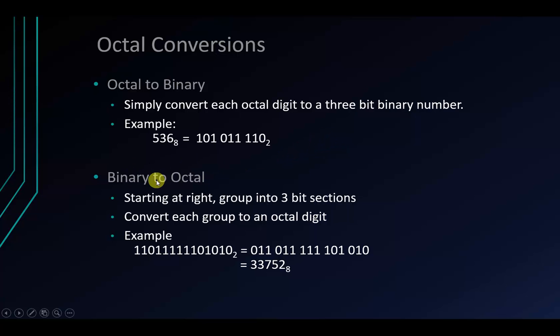Going the other way is just the opposite. You take a string of binary numbers, you break it into groups of 3. Let's start at the other end here. This group of 3 is this one, and this group of 3, and so on. We just lost the leading 0 on it. And then you can do the math, and it turns out to be that number.